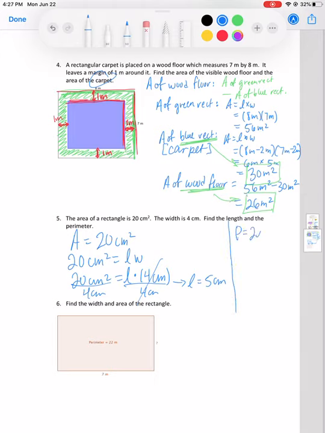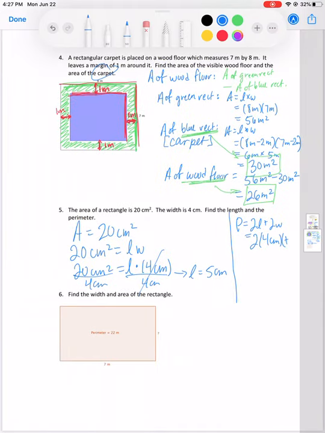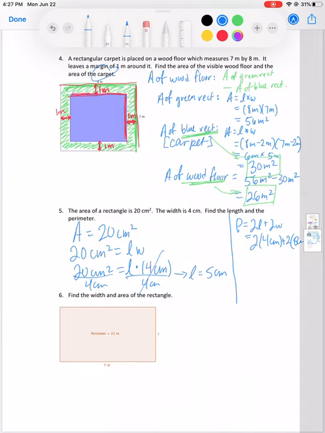Perimeter is equal to twice the length plus twice the width. So twice the length, 2 times 4 centimeters, plus 2 times 5 centimeters. Okay.